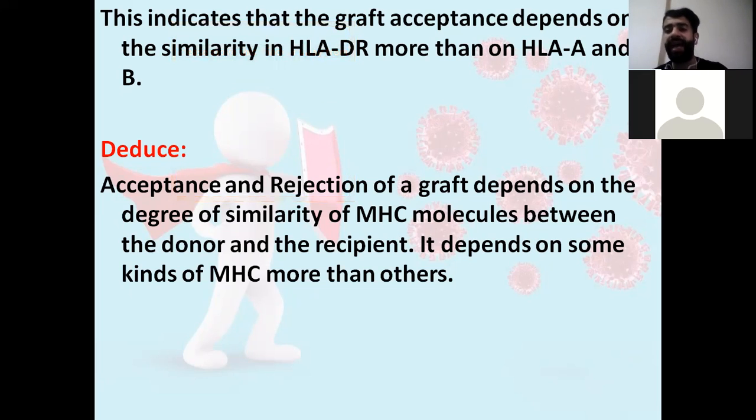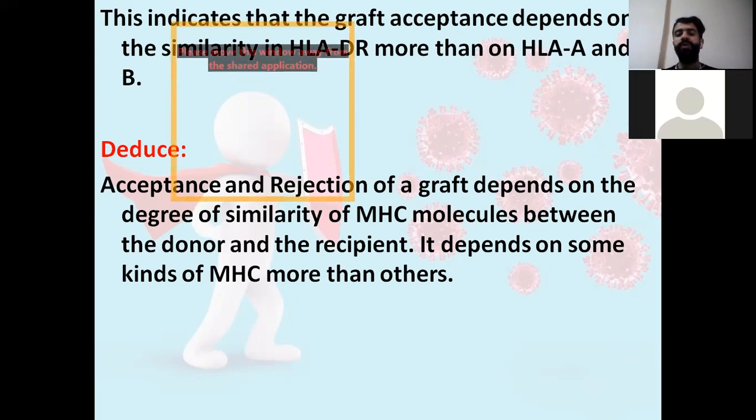So acceptance and rejection of the graft depends on some type of the MHC between the donor and recipient. So acceptance and rejection of a graft depends on the degree of similarity of MHC molecules between the donor and recipients. And to be more specific, it depends on some kinds of MHC, like the case of HLA class DR. Why?